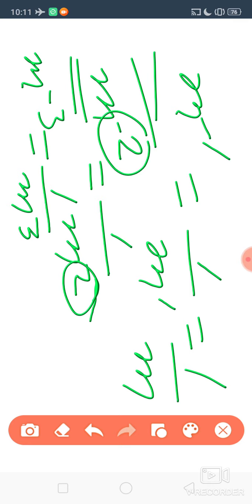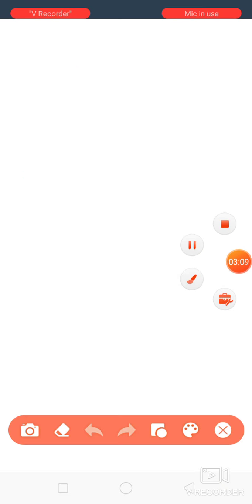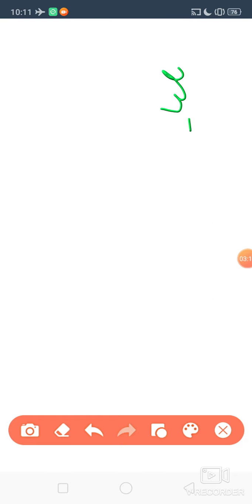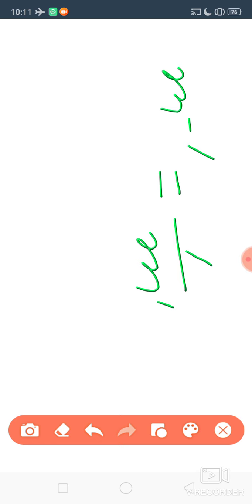Got it? So in the same way, if m to the power minus 1 is there, then we can write it as 1 by m to the power 1, that is 1 by m only.